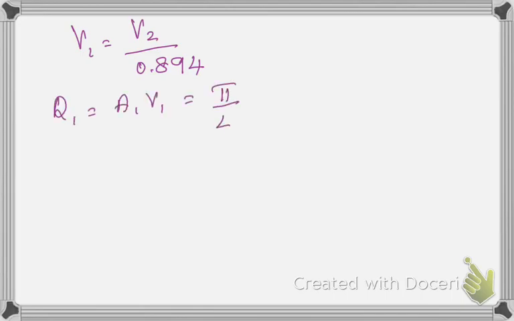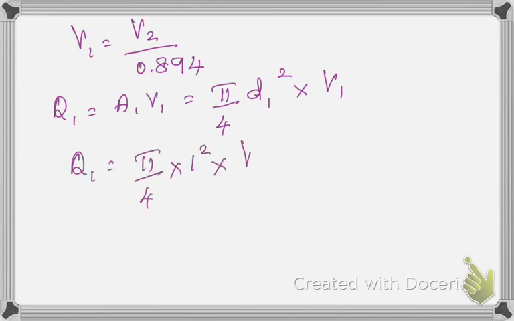Now Q1 and Q2 we can determine separately. Q1 will be equal to A1 V1, which is pi by 4 D1 squared into V1. So Q1 will be equal to pi by 4 into 1 squared into V1. Instead of V1 I can substitute V2 by 0.894, so here I am bringing all the terms in terms of V2: pi by 4 into V2 by 0.894.